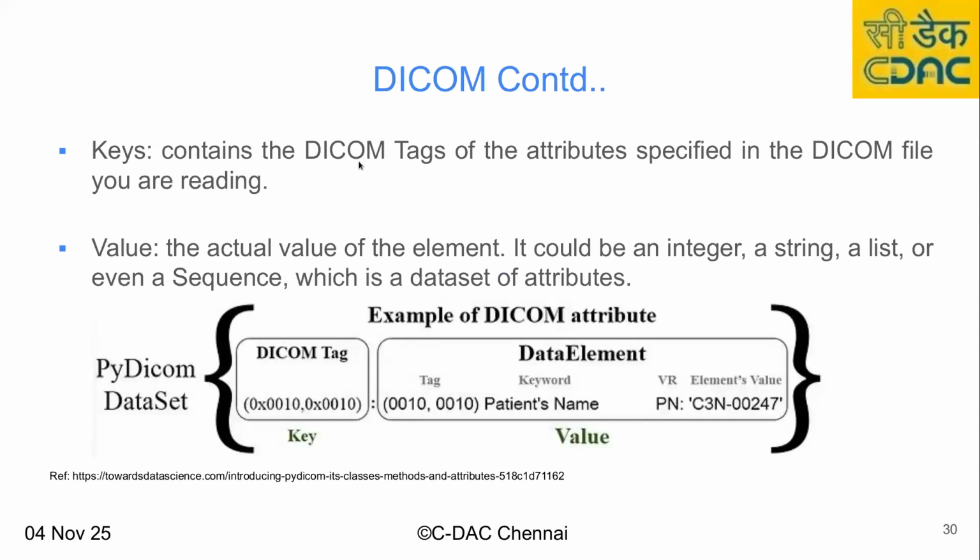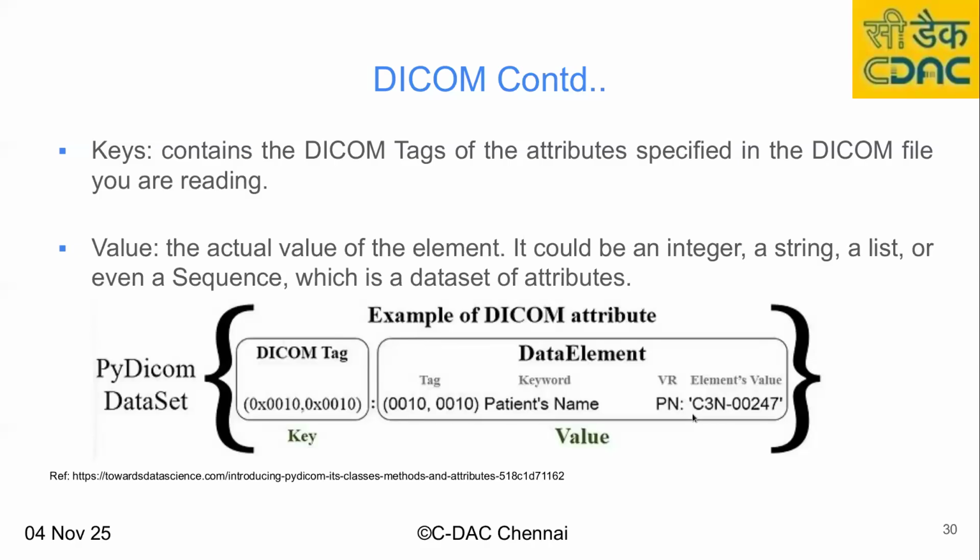So in DICOM format, along with the image, there will be some metadata information which will be stored along with a DICOM tag. So a DICOM tag is a number like this, 0x0010, which is a key, and there will be a keyword associated with each tag, like patient name, and there will be a value. So here the value is only the patient's OP number, because of data security purposes.